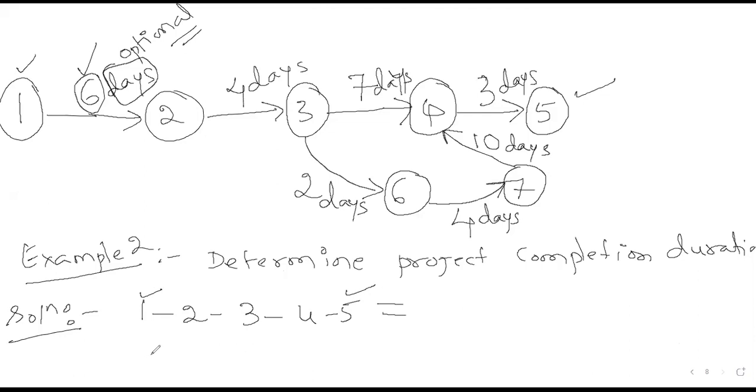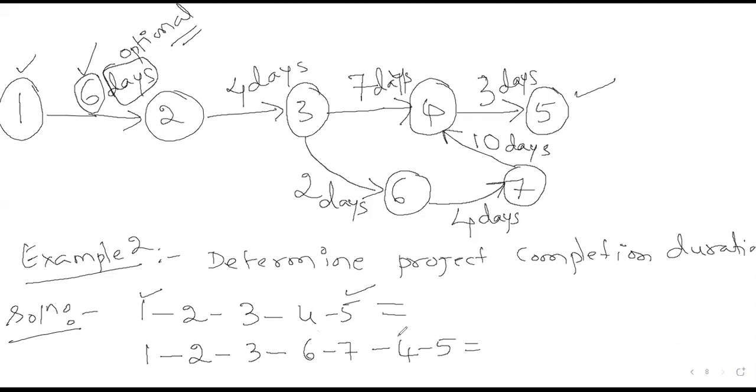What is the other path possible? It has to start from 1 dash 2 dash 3, 6, 7, 4, 5.